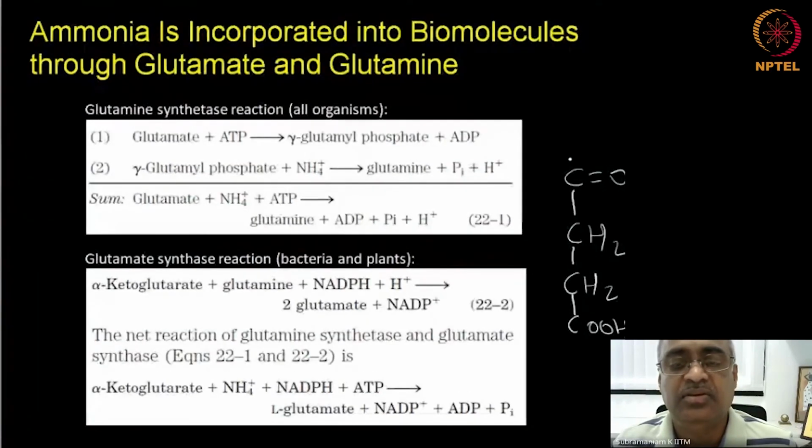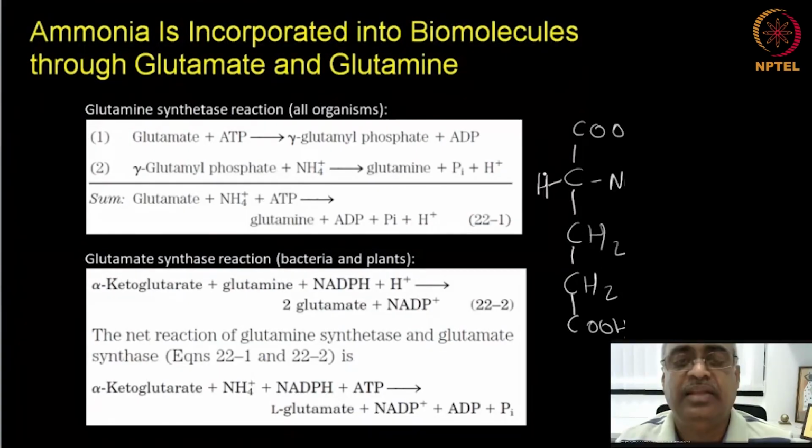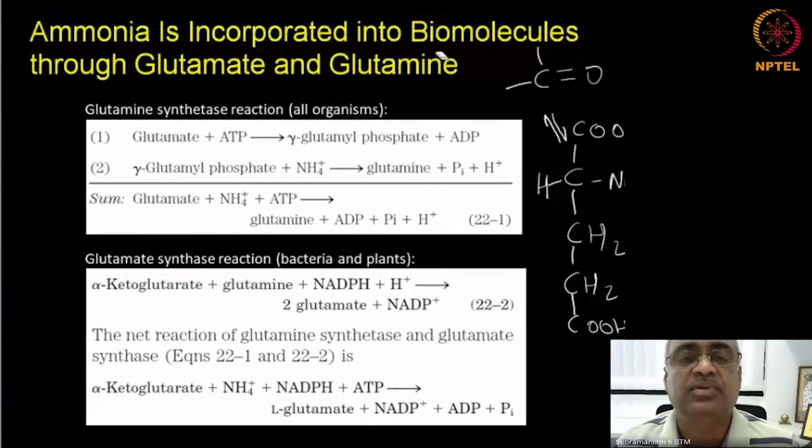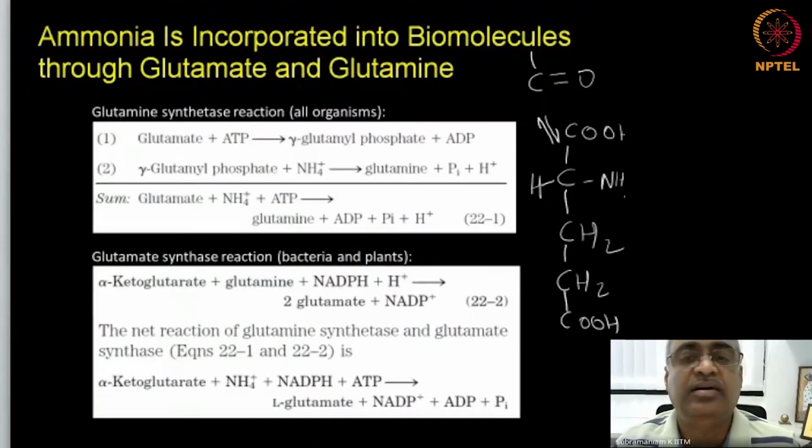Then you have a ketone and then this. So this will be alpha-ketoglutarate. Now this structure is converted into one with NH2 by a reversible reaction with another keto acid.